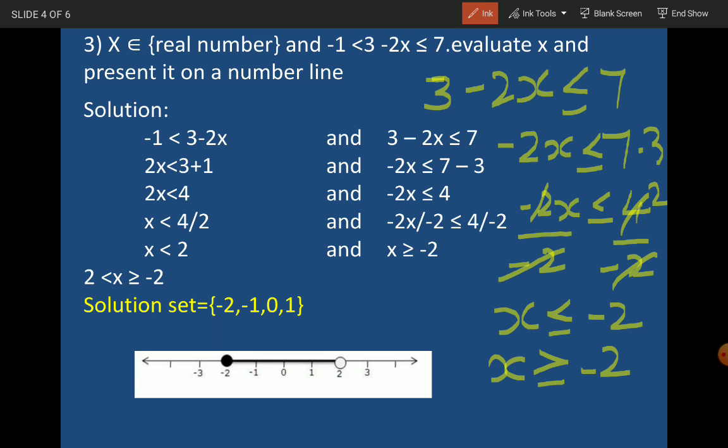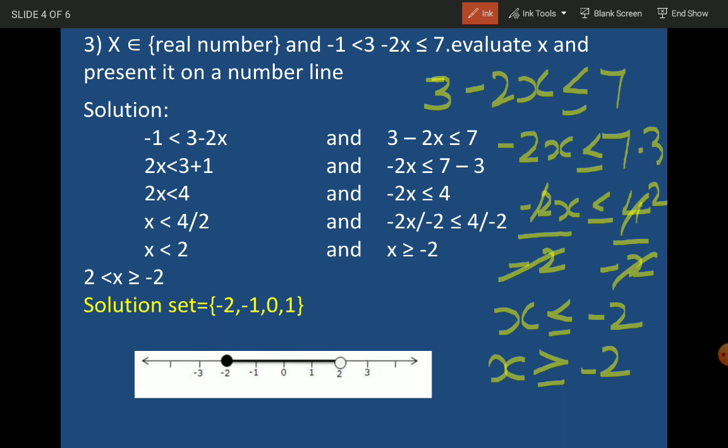So in one section we get x less than 2. In another section we get x less than or equal to minus 2. So here we write it as 2 less than, x greater than or equal to minus 2. That means the values start from values less than 2, that means 1, 0, minus 1, and we have to stop at minus 2 because the other value is minus 2.